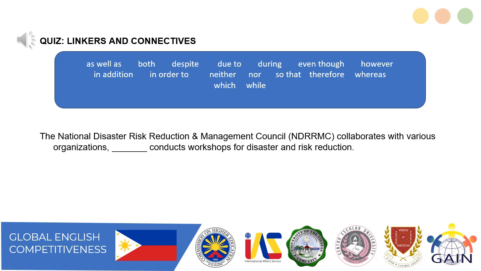Because it helps convey that NDRRMC not only collaborates with various organizations, but also actively conducts workshops for disaster and risk reduction, as well as serves to join and emphasize the dual roles of collaboration and workshop conduct.